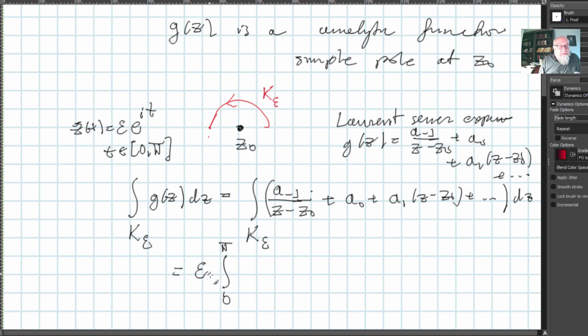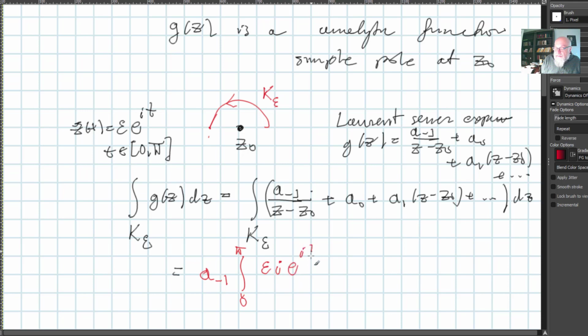Just start term by term. So this will be a minus 1 and 10 a minus 1. And here we have the integral, so that will be the antiderivative. I simply write the integral from 0 to pi, and that one will be dz, so this will be epsilon i e^(it) dt.